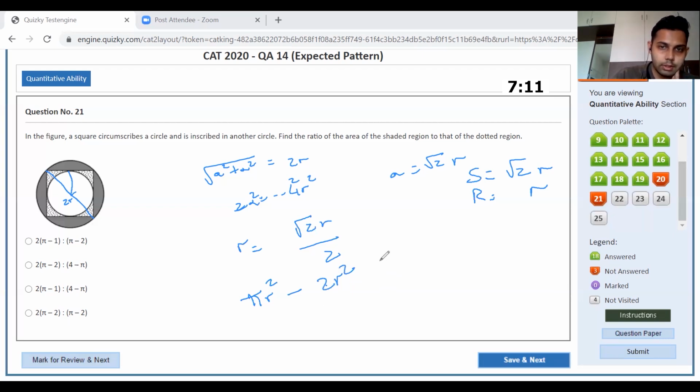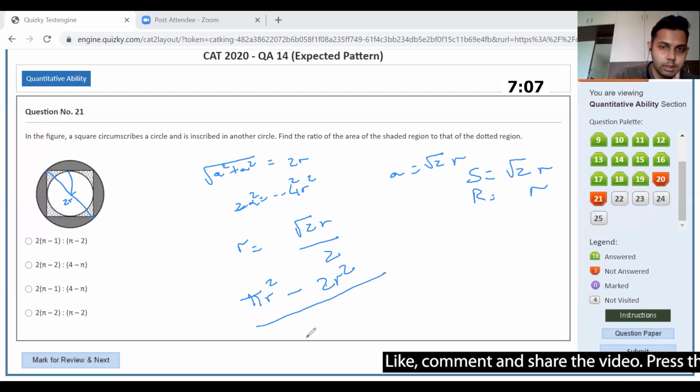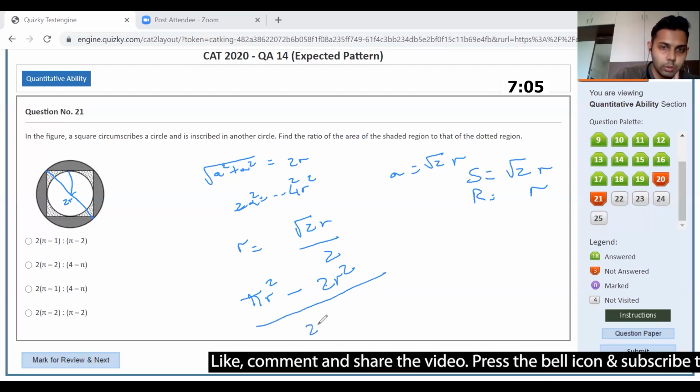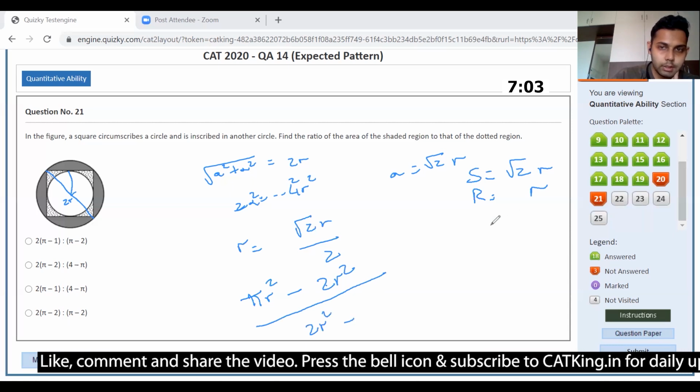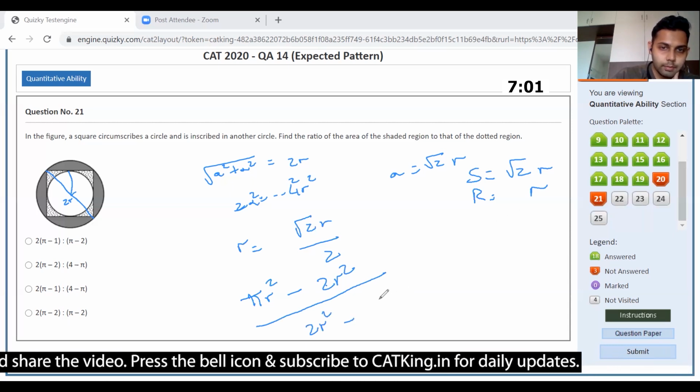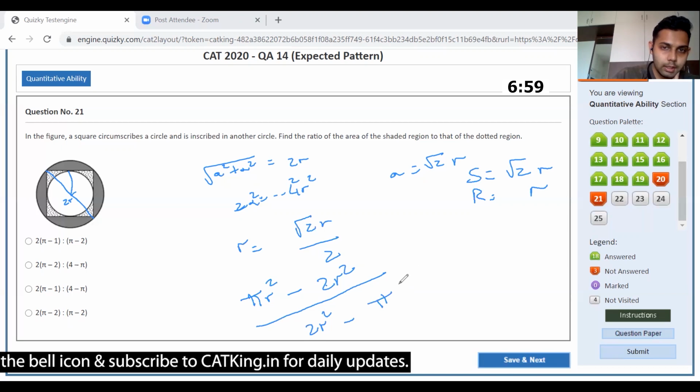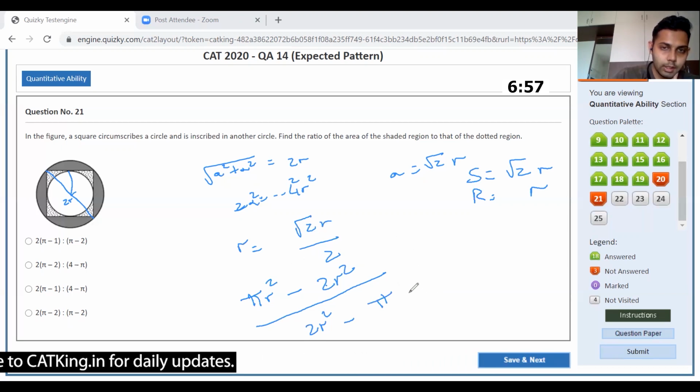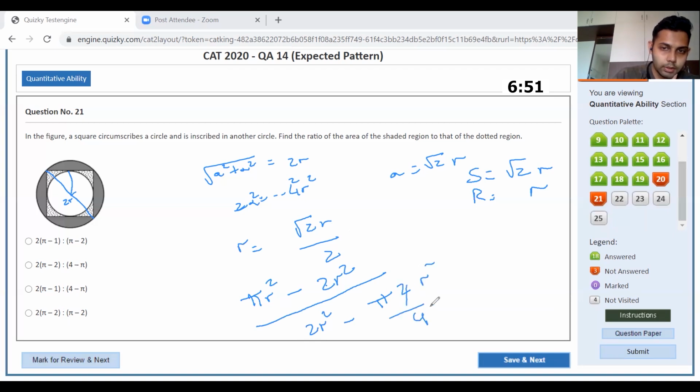This is the shaded region, and the dotted region is 2r square minus pi r square by 4, which is half cut, and we remove this also.